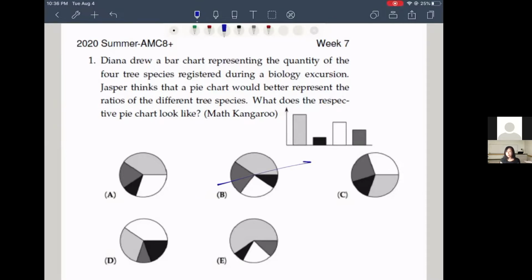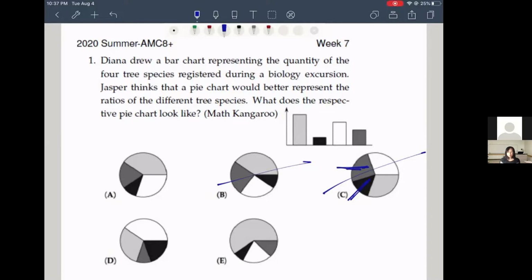We notice that if we add up the dark gray, this piece, and the black, the total area is more than the light gray. But if we look at the bar chart, the sum of the black and the dark gray should be less than the light gray one. So C is incorrect. It is inconsistent with the bar chart.